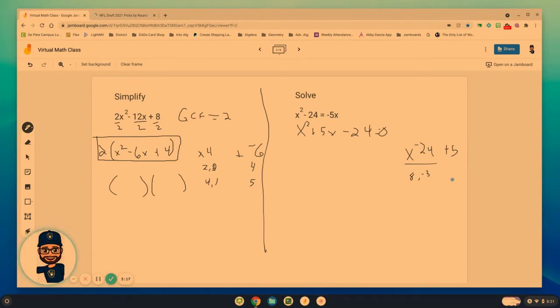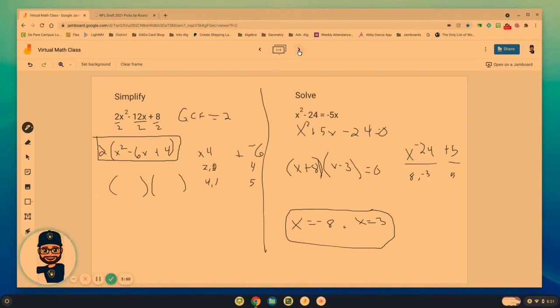I need one of them to be negative, but they add up to positive 5. So it would be 8 with negative 3, or x plus 8 times x minus 3. Those are my two factors. Then we go one more step to solve, and we say x equals negative 8, x equals positive 3. That's the solving step.